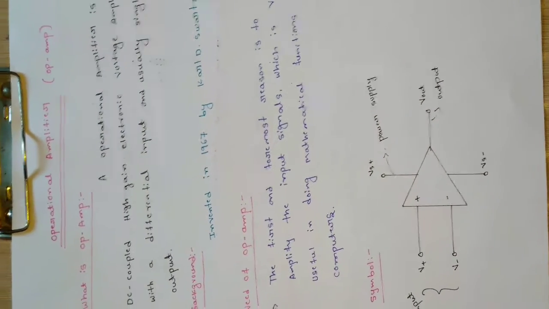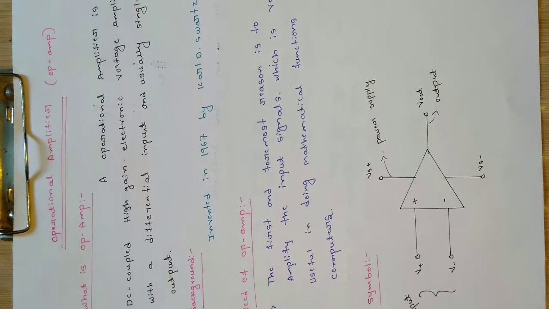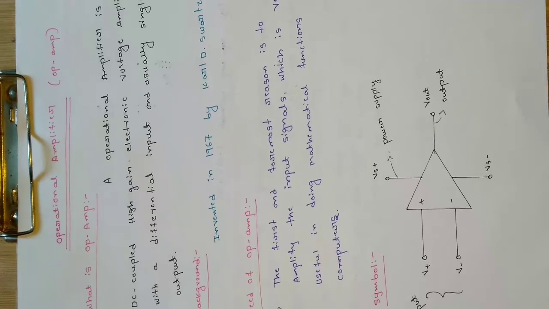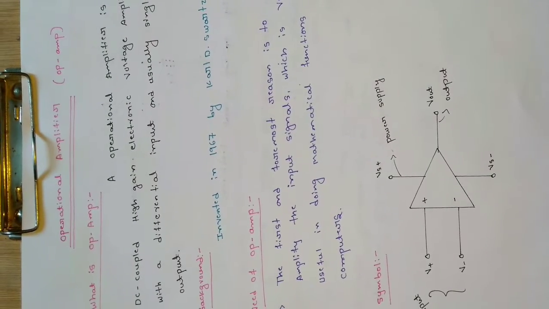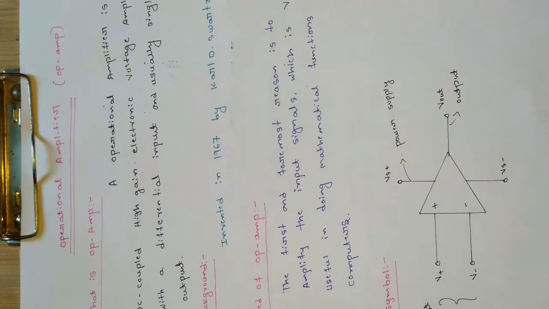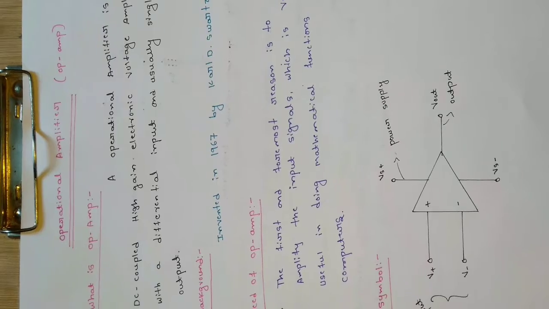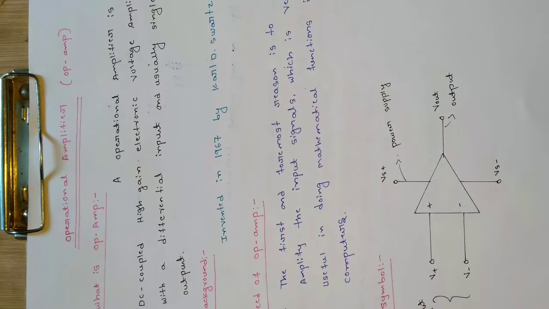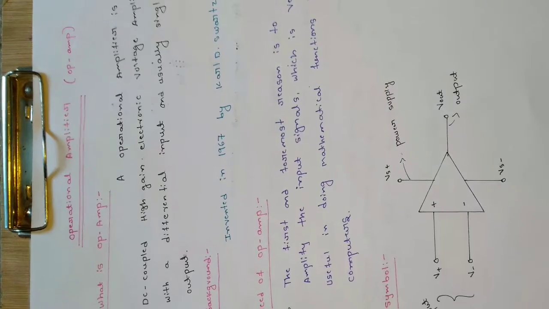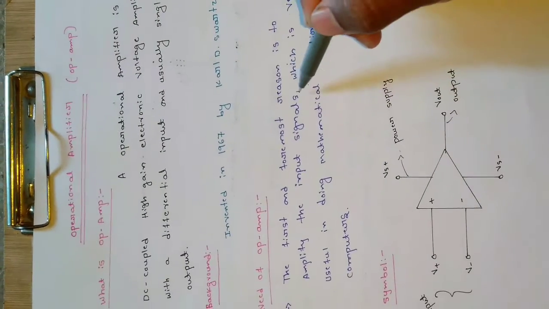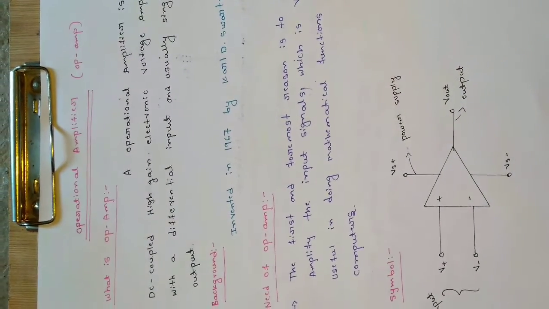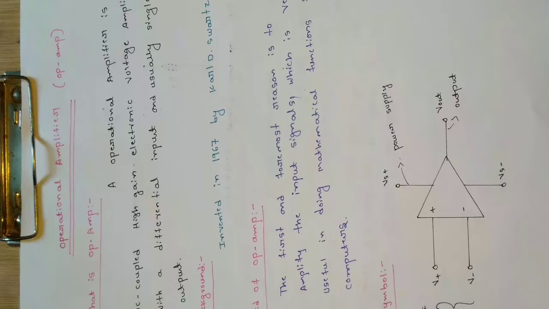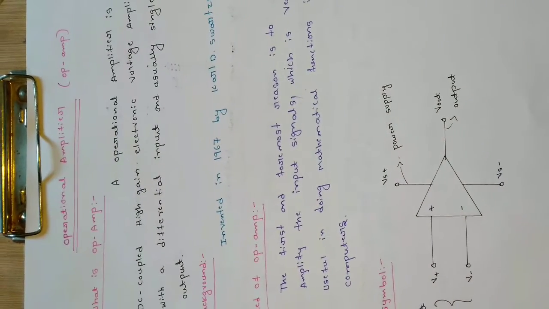So the next topic is the need of op-amp. A little bit I have told already about this one, but we will see it later also. The first foremost reason is to amplify the input signal, which is very useful in doing mathematical functions in computers. The second reason is that it is used in computers, that is basically in analog computers.